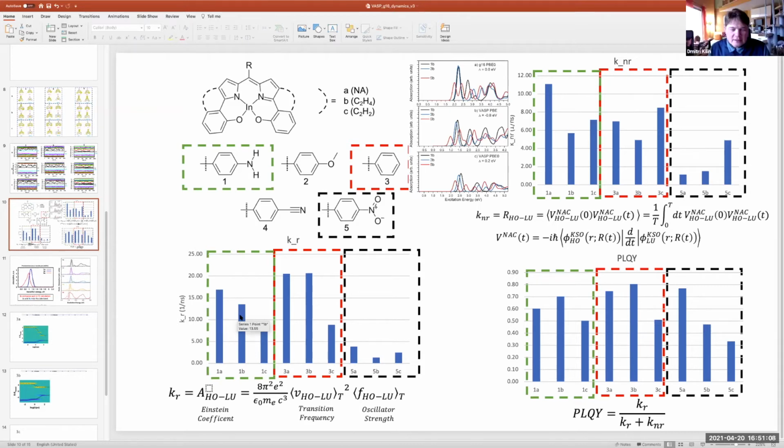So Levi seems to ask about the interpretation, why the complexes C have smaller quantum yield than B. I guess in most cases, B shows higher radiative rates than C, well, I guess for the 1 and 3 functionalizations.